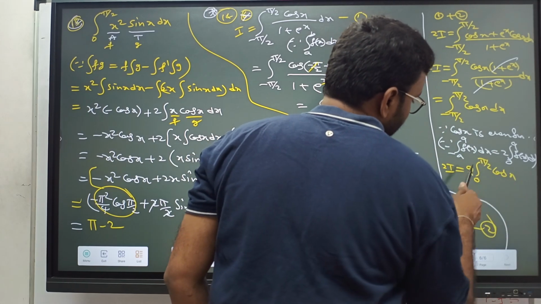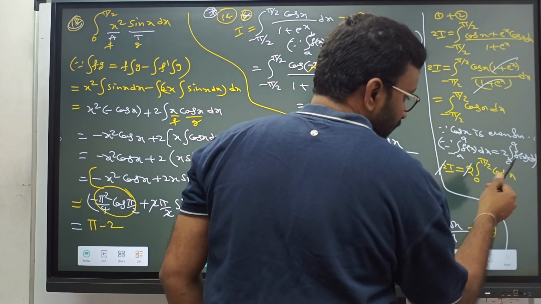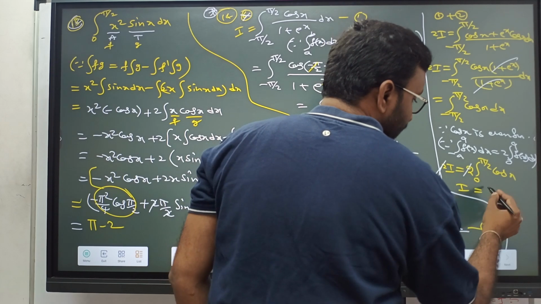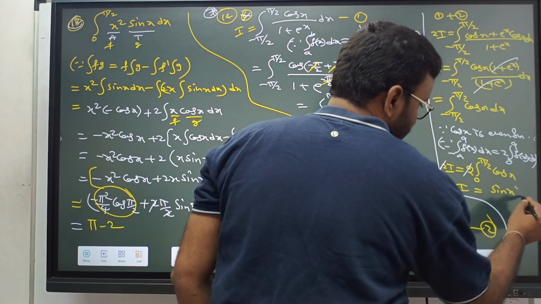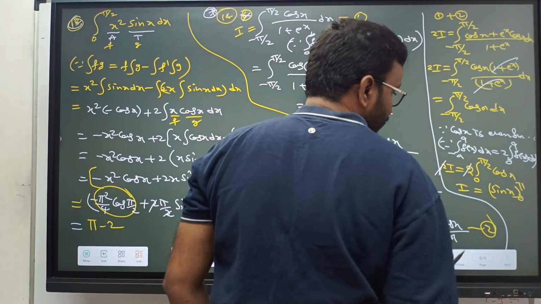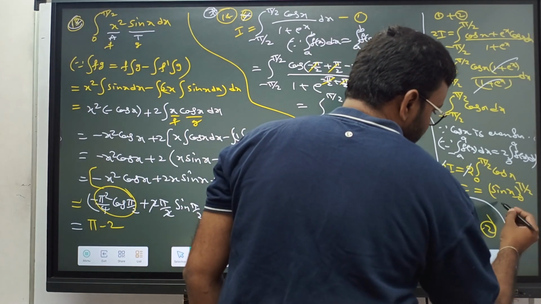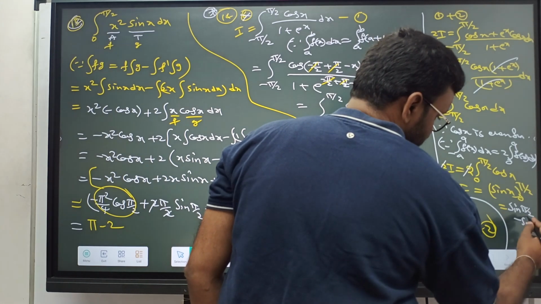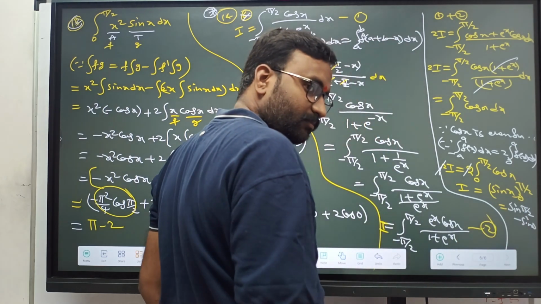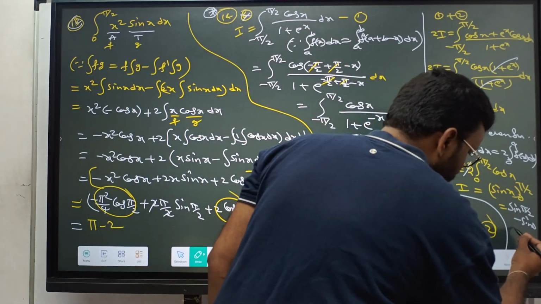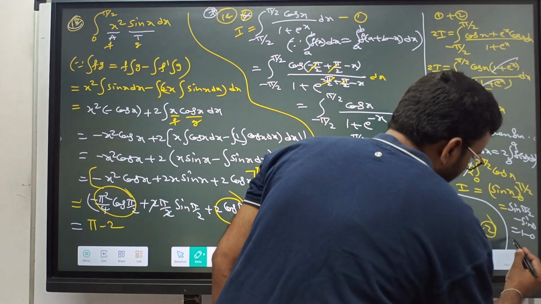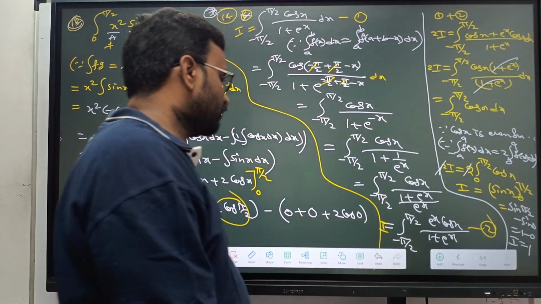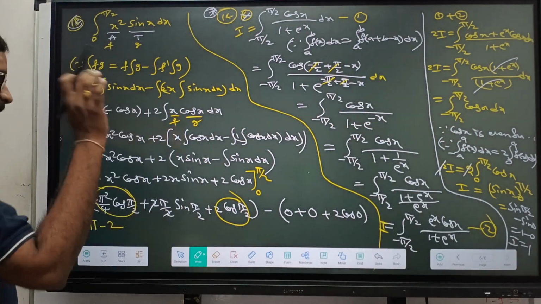What is the integral of cos x? Sin x, with limits 0 to pi by 2. Sin 90 minus sin 0. Sin 90 is 1, minus 0, is 1. So what is the answer? I equals 1.